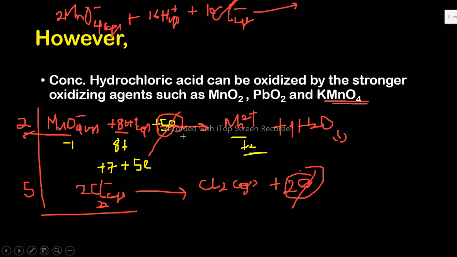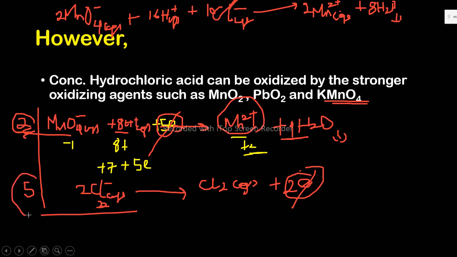What shall we get? We shall get 2 times this one, so 2 Mn 2 plus aqueous, plus 2 times the 4, which is 8 water, and that's a liquid.